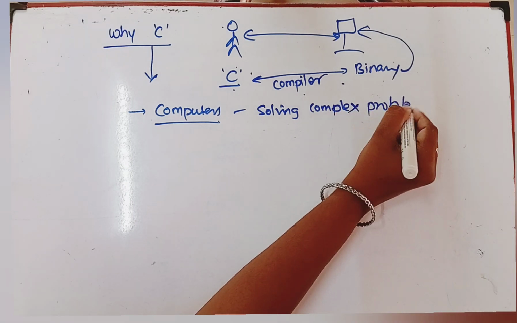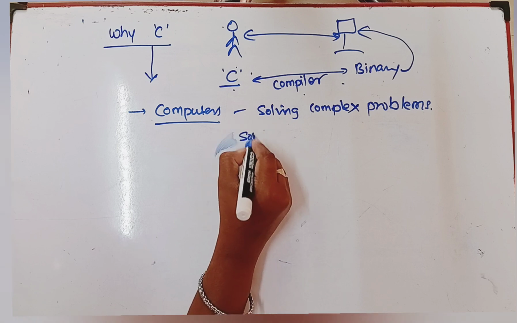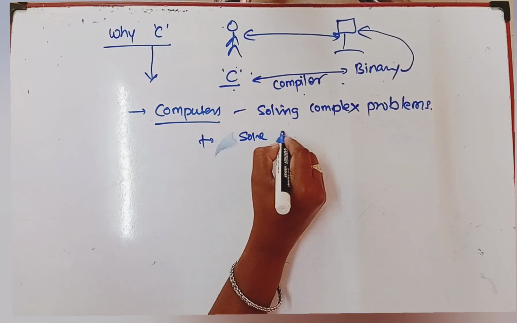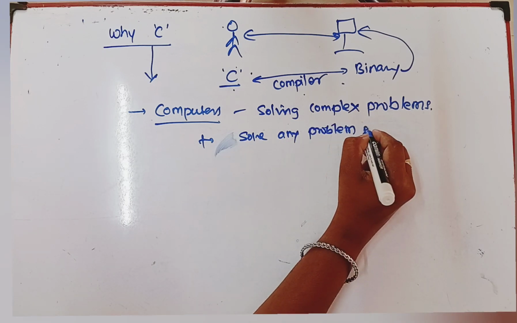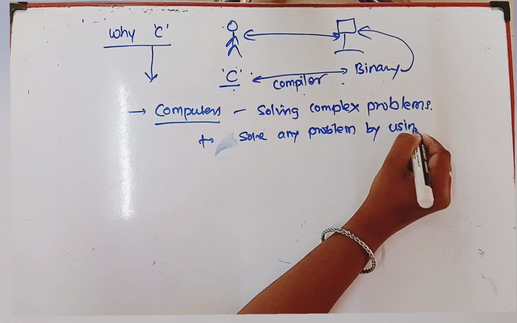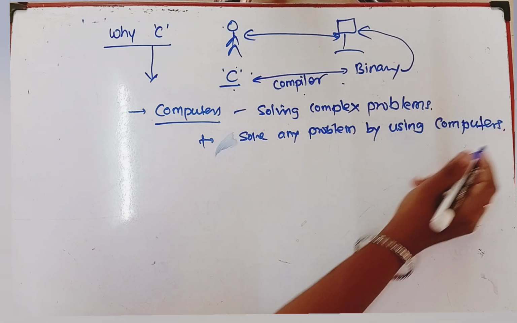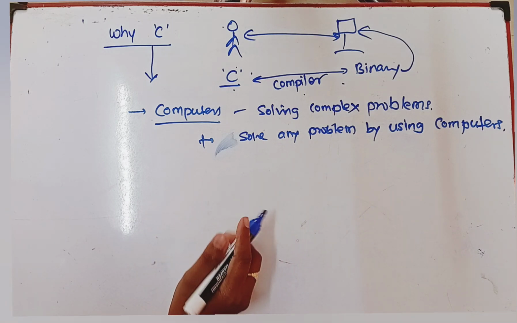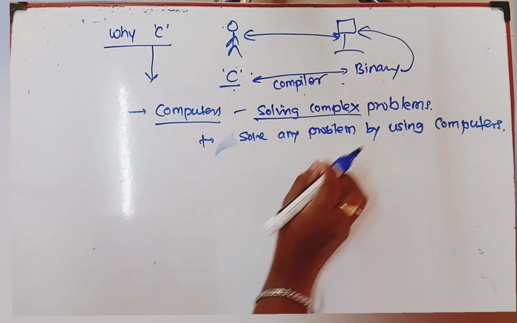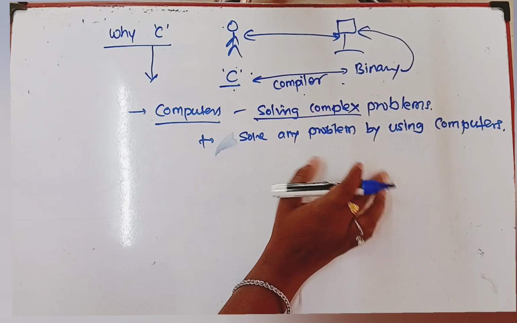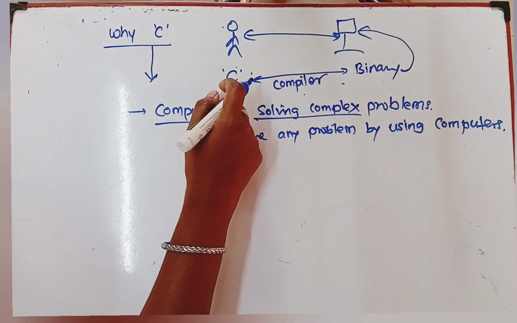So in order to solve any problem by using a computer, we must give instructions to the computer so that it will act and perform the instructions, it will perform the task. Therefore, why does someone want to communicate with the computer? To solve complex engineering problems by using computers. Therefore, we will have to communicate with the computer.